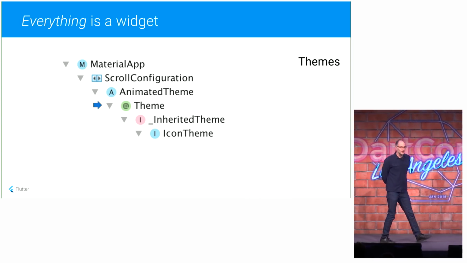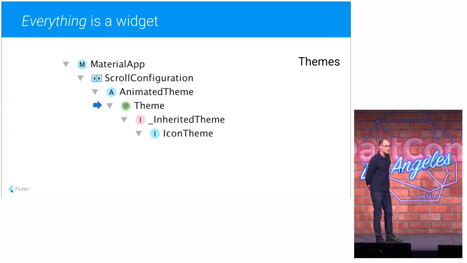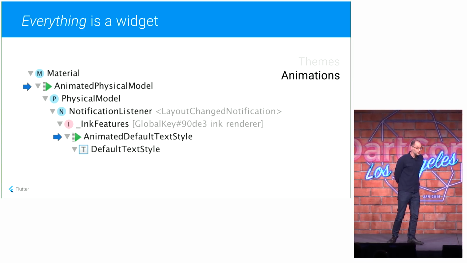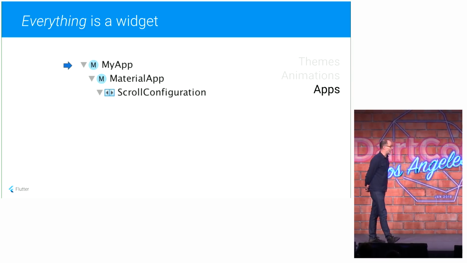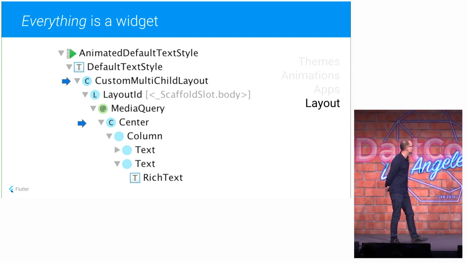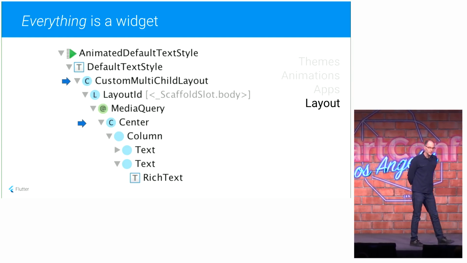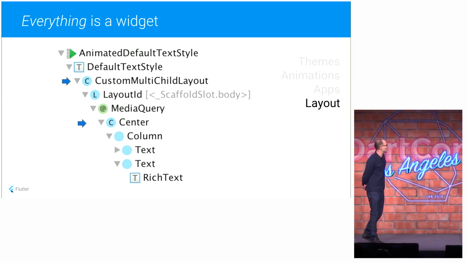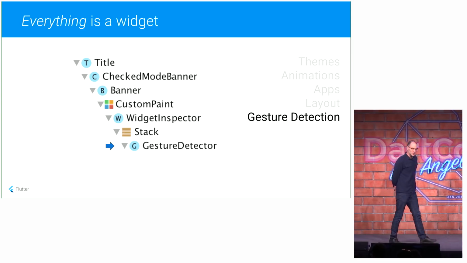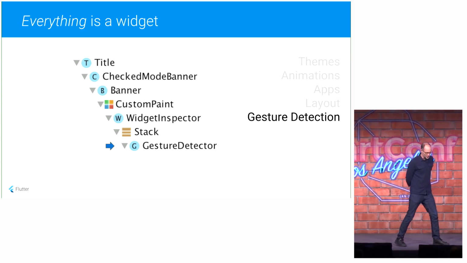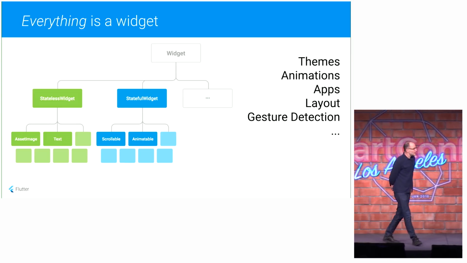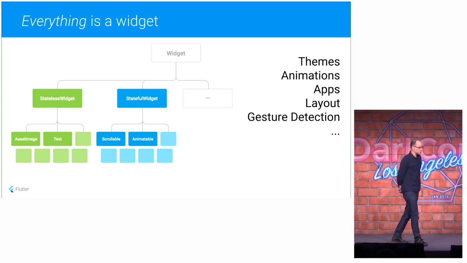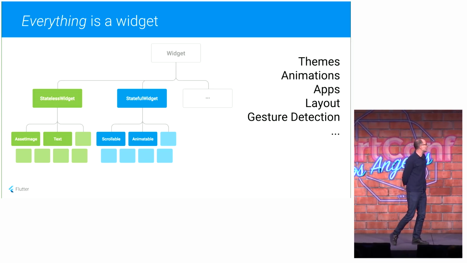One example that surprised me was to find out that things like themes are modeled as widgets. Animations are also widgets. Apps show up in the widget tree as well. Layout components, and this turns out to be very powerful, although at times surprising, down to things much more esoteric like gesture detection. So this design makes for some unique opportunities and introduces also some challenges.